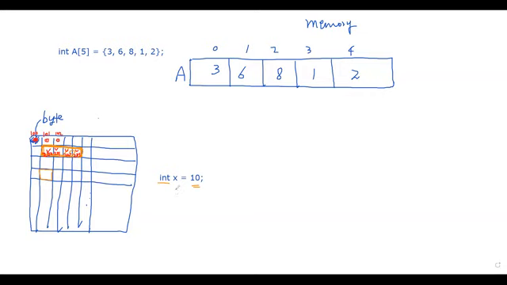So in this case, X has 4 bytes of space, with addresses 200, 201, 202, 203. So from 200 to 203 are the spaces for X. Do you understand this one?